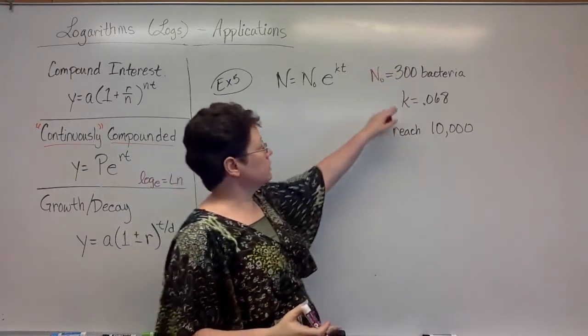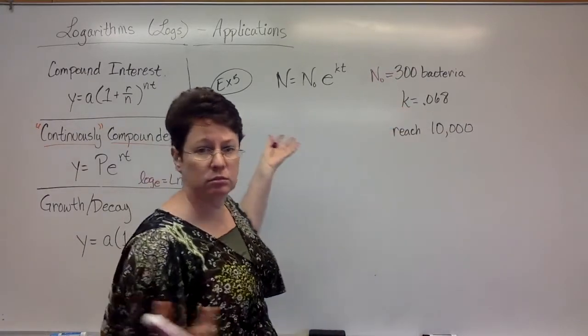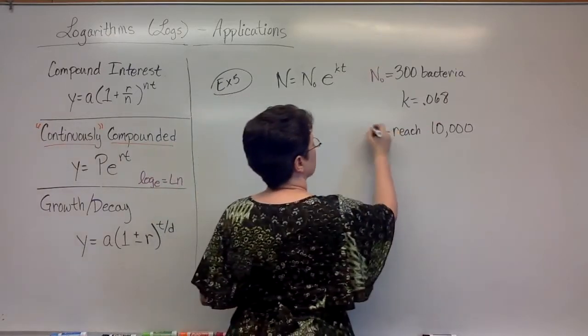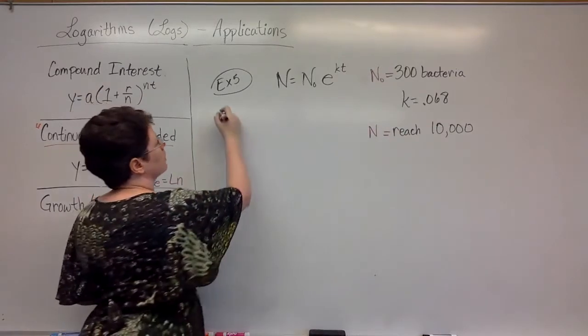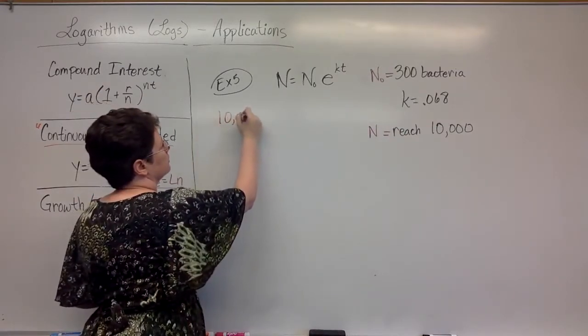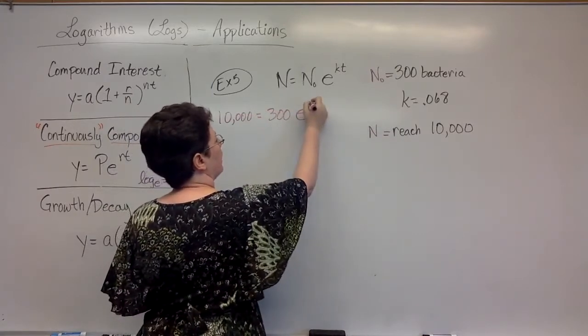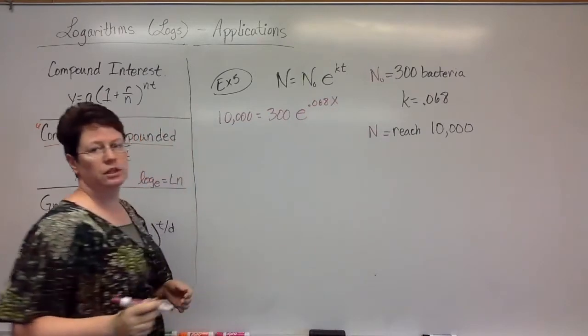They outright told us K is 0.068. Beautiful. When will it reach 10,000? Well, that's got to be my N. So let's just plug it in. I have 10,000 equals 300 E, I have my K, 0.068, and I'm going to put a big old X there for T.